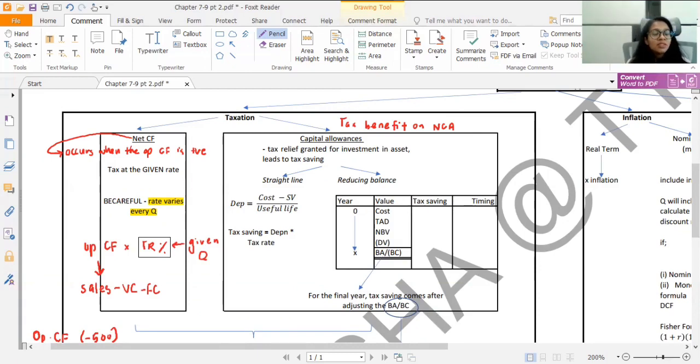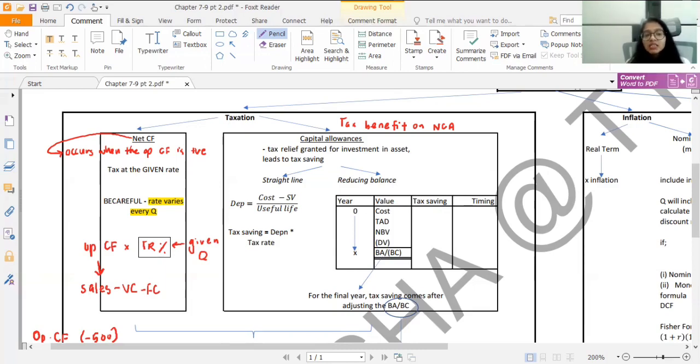Think about it, okay? So normally, a company will get a tax benefit on non-current asset because what happens is that the government will want to encourage your company to purchase more assets to increase the productivity and the profitability of your company. So to encourage you to buy more assets, they will give you a tax benefit or a tax relief on non-current asset. Now, why is it that they want to encourage you?